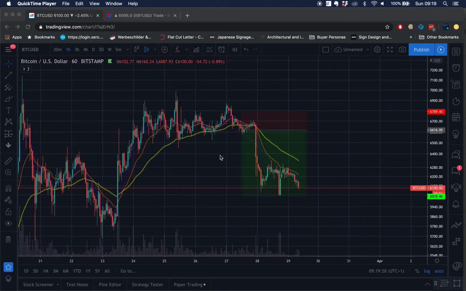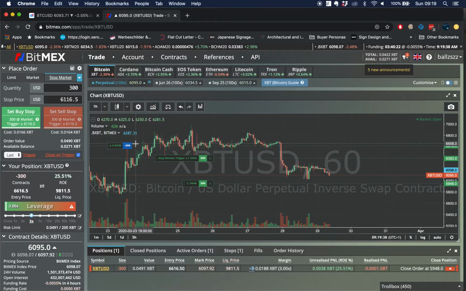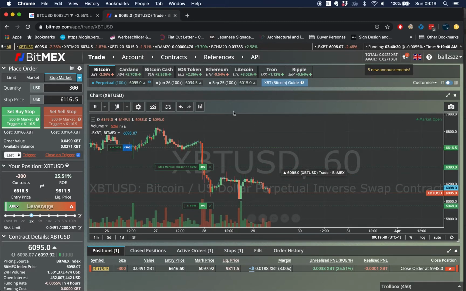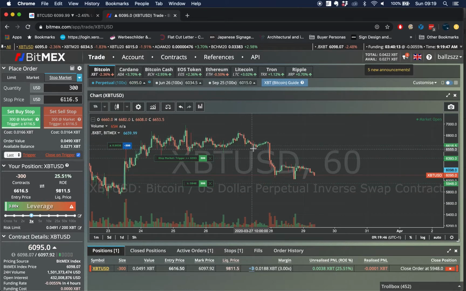So, the current short position that you can see here, the actual trade that is going on at this stage is here. As you can see, what I've done is very different.